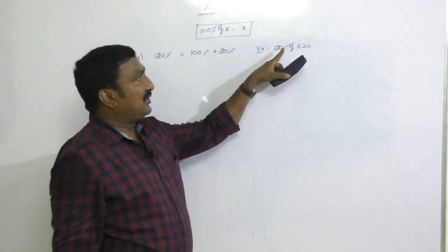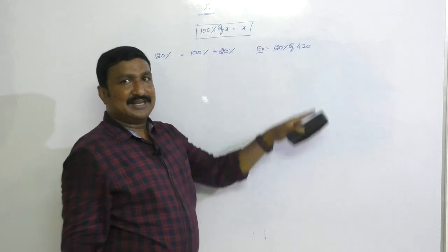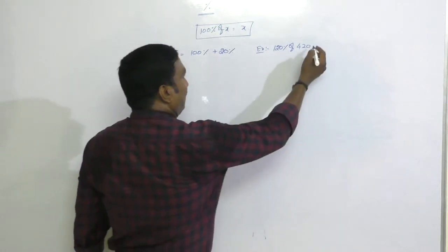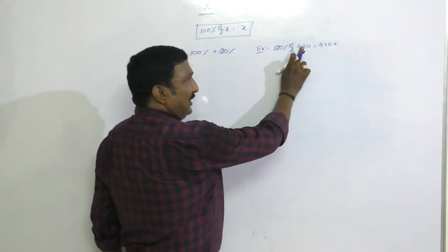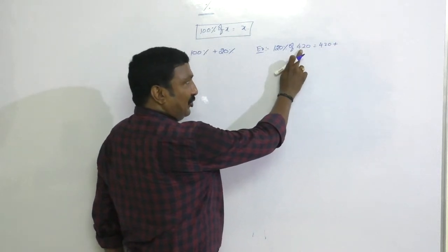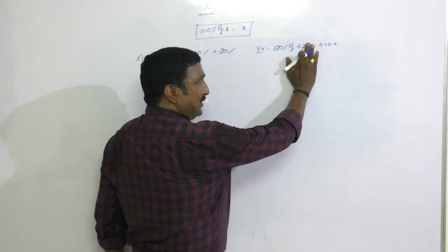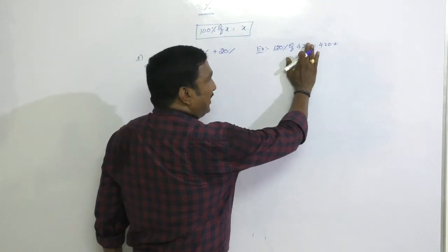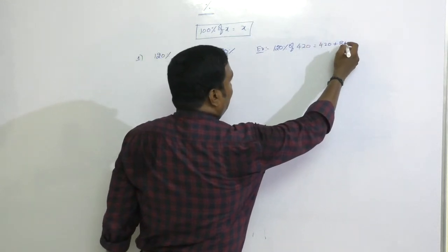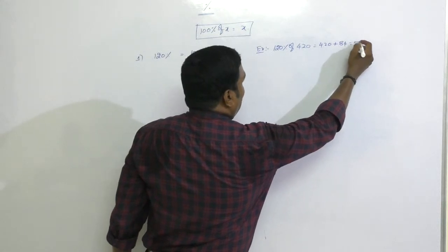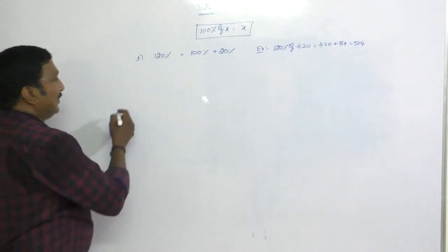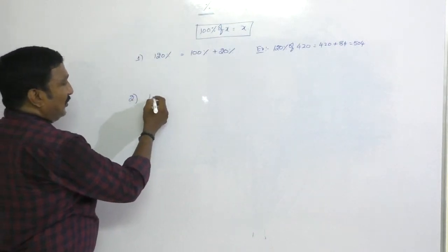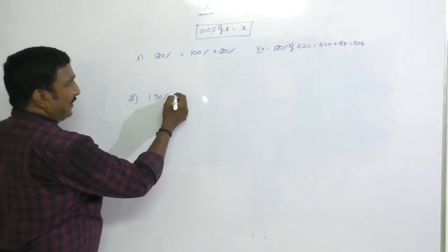Now applying this for 420, 100% is 420 plus we have to calculate 20% of 420. 10% is equal to 42, so 20% is equal to 84. So the answer is 504. Understood or not?